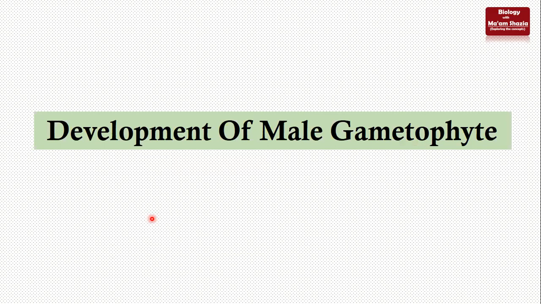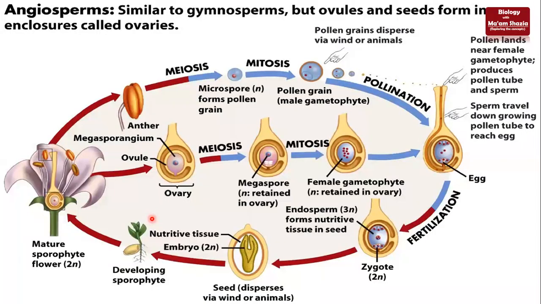Development of male gametophyte. Now, the major part of today's lesson is the development of the male gametophyte. Look at this diagram. It looks so difficult right now, but it will become easy with the passage of time. So this is the flower, an angiospermic flower. I'm taking that box, and we will discuss this box today. This is the anther. Anther has a specific structure inside it.